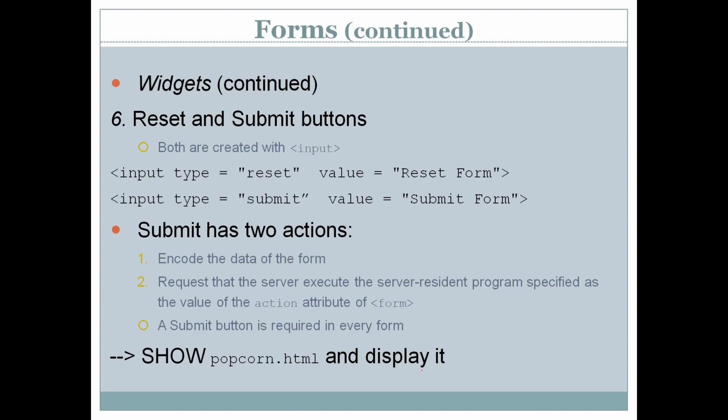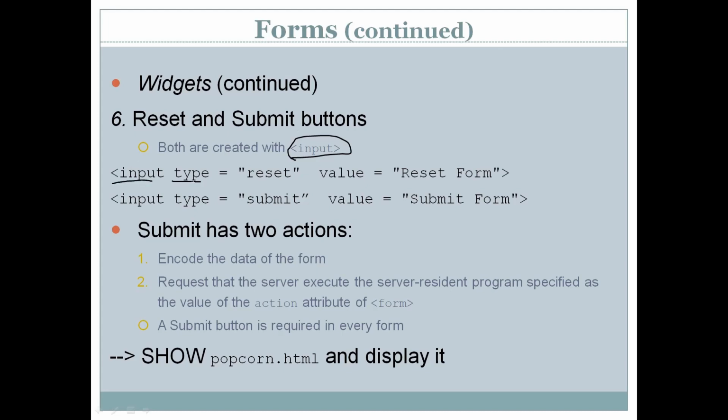Both of those buttons can be created by using an input tag. We have already seen the input tag and we have created many widgets by using it. This input tag can also be used to create reset and submit buttons.